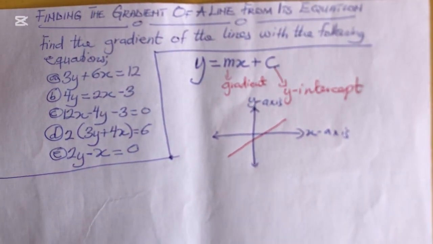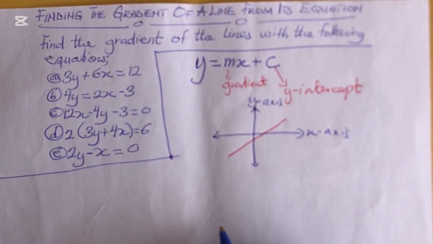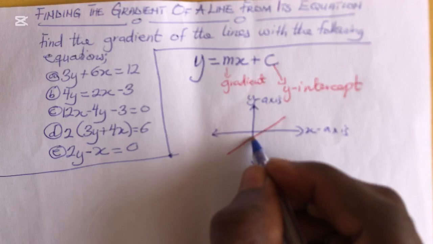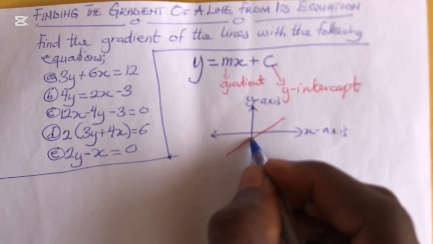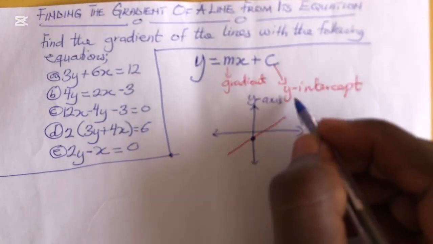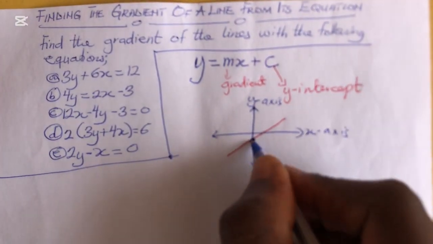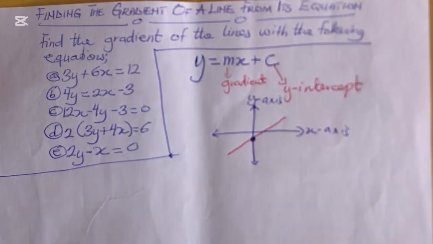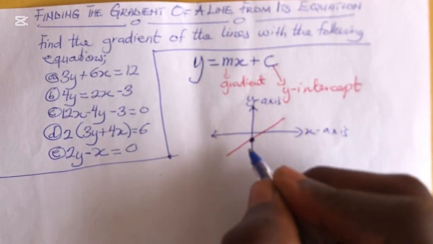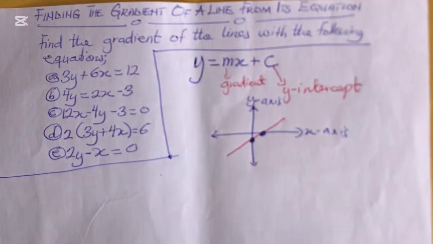When they say y-intercept, they are asking you, where did the line pass through the y, which is this place? Where did it cut the y-axis? So y-intercept, where did the line cut the y-axis? This side. Are you getting it? That is what it's standing for. So when they ask you what is the x-intercept, they are also asking you, where did the line cut the x-axis? Are you getting it?